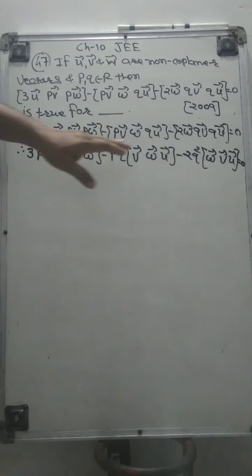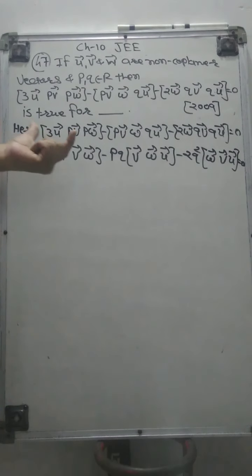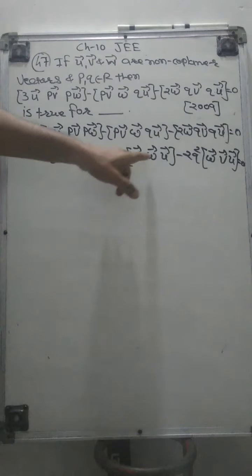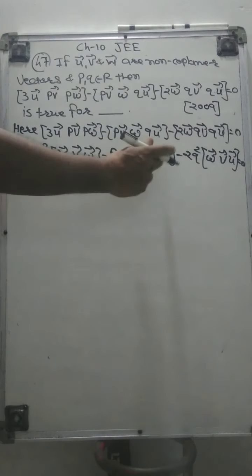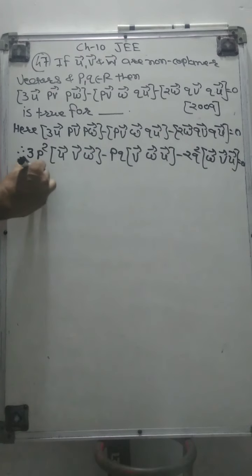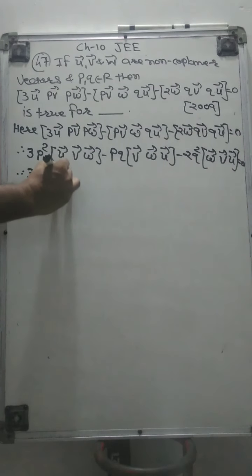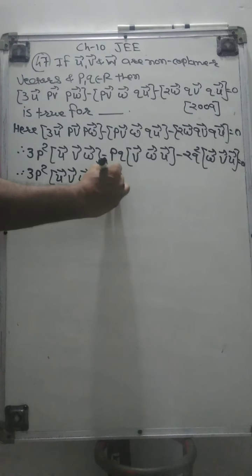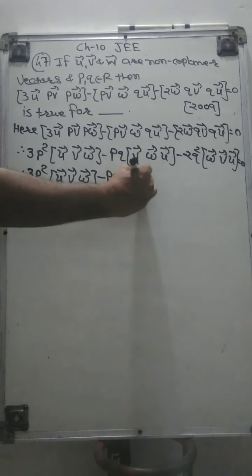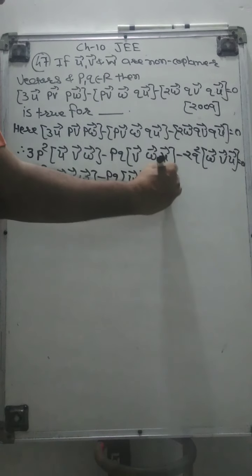Now here we want to make this box the same. So here when we interchange two times, this becomes [U bar, V bar, W bar]. 3p square [U bar, V bar, W bar] minus pq [U bar, V bar, W bar].